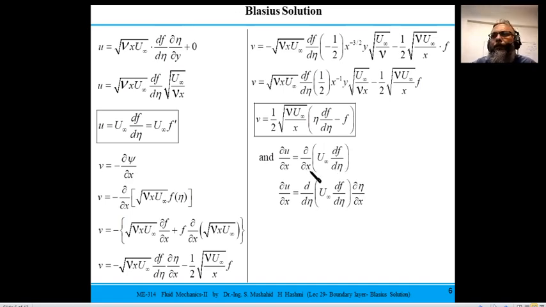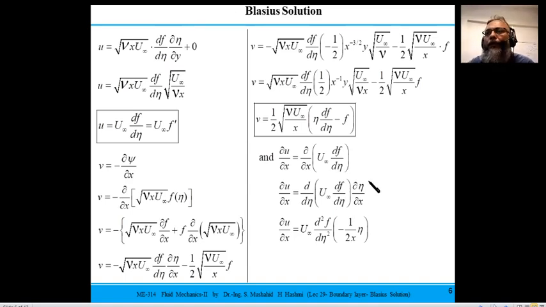Instead of with respect to x, I can bring it with respect to eta first, and then differentiate it with respect to x. So just changing the order of differentiation, and then this becomes d square f over d eta square, a second derivative of f with respect to eta.